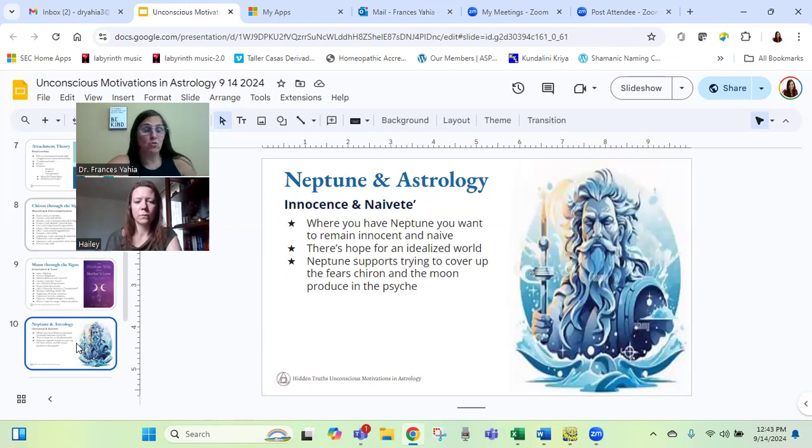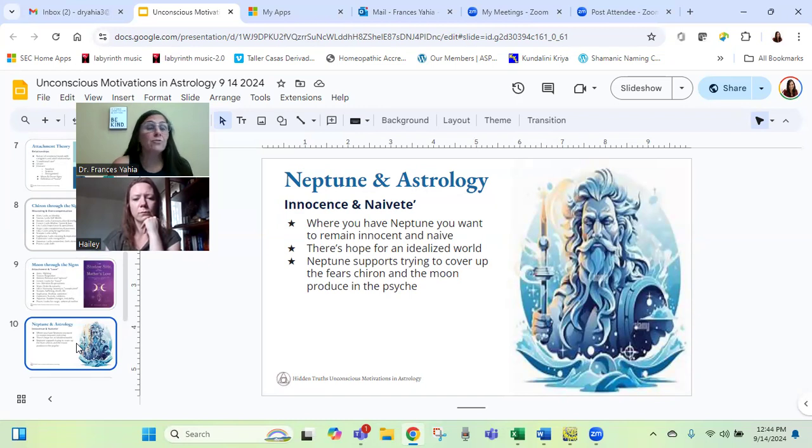So how does Neptune support the unconscious motivations I mentioned earlier? Since we are all wounded children with Chiron and the moon, the way to feel safe in this world, wherever you have Neptune, some people are just naturally idealistic or naive, but we all are naive and blindsided in one area of our chart. That will be wherever Neptune is.